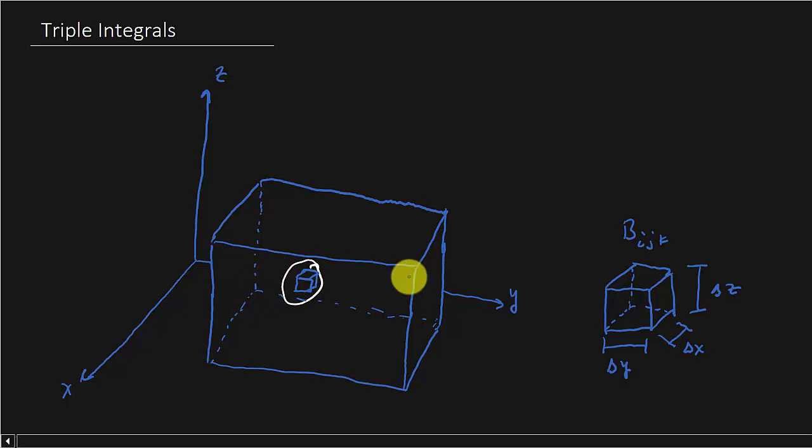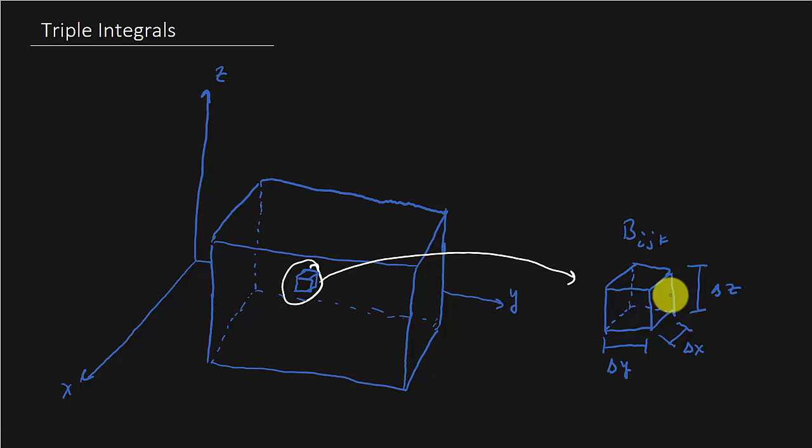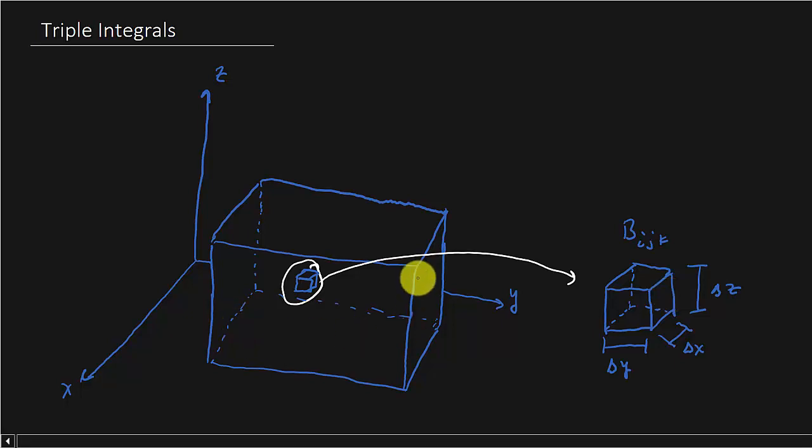You have to imagine this thing's full of boxes. I brought it over here, and you can see we've got this width delta y, delta x, and then the height of the box, delta z. We can find the volume of this box, and the volume of all the little boxes, and sum all those up.